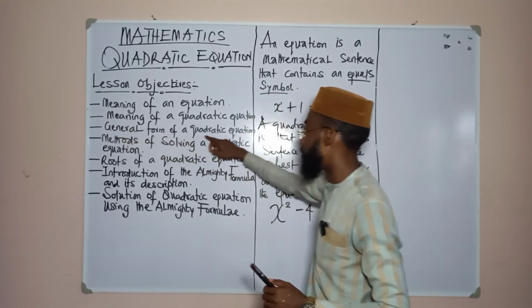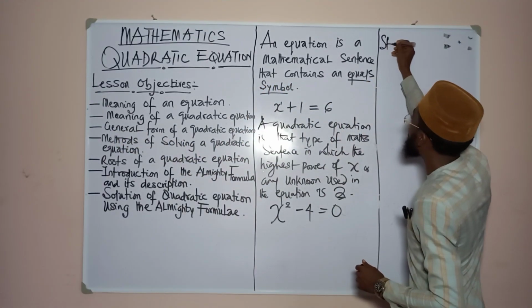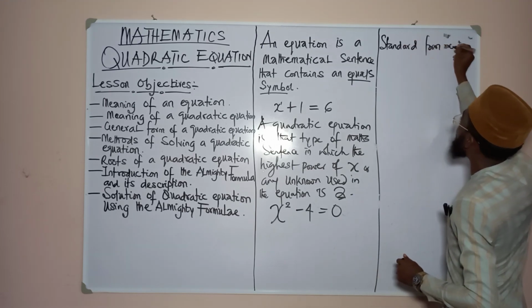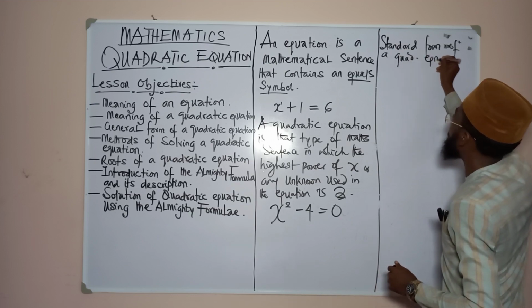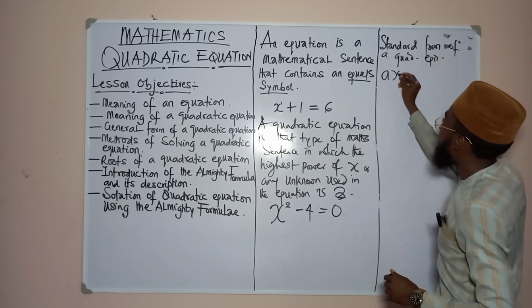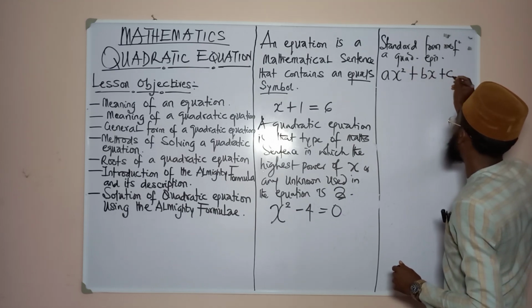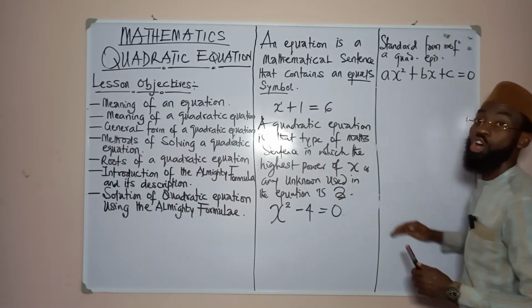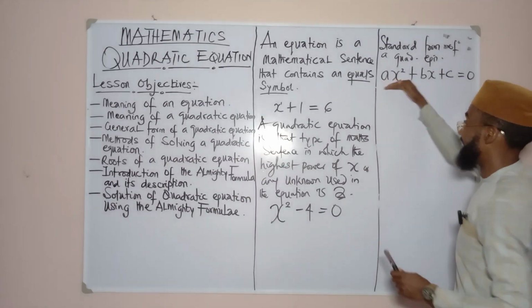Let's go back to the general form of a quadratic equation. There is a standard form every quadratic equation must have. The standard form of a quadratic equation is ax squared plus bx plus c equals 0. We call this the general form or format every quadratic equation must take.